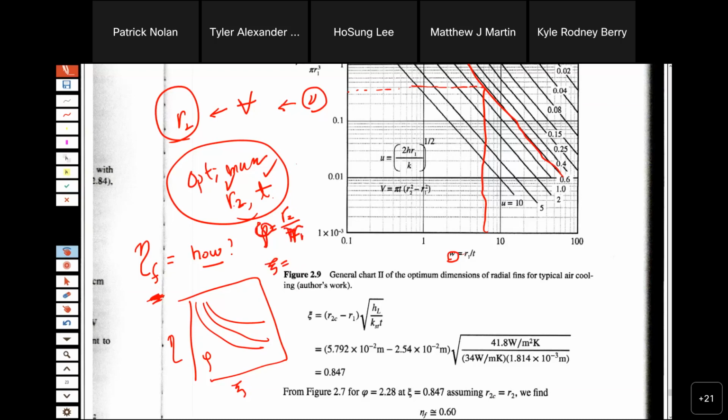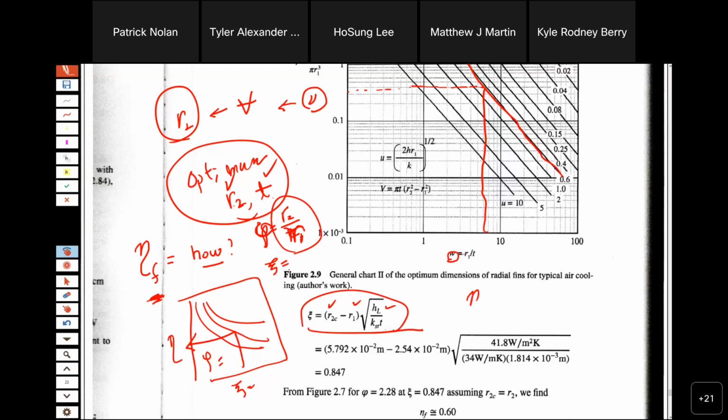I'm sorry, yes, thank you, my memory. And then xi, I forgot. It's right below the figure on the screen right now. Oh, yeah, thank you. Xi is that. So if you know this, you can calculate xi, and then with phi and xi, you can figure out the efficiency.